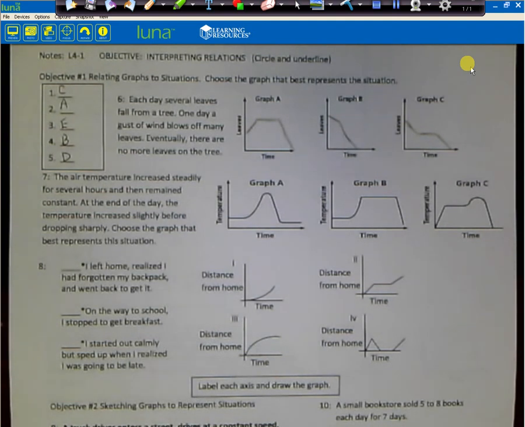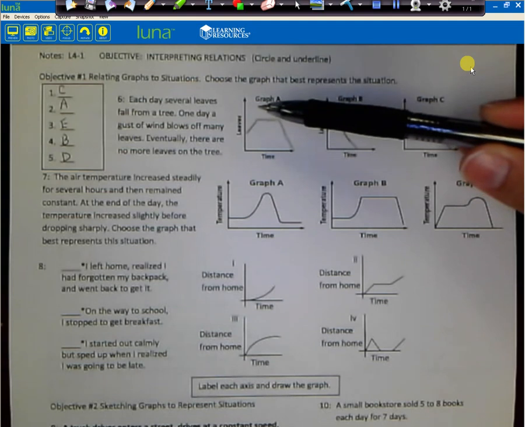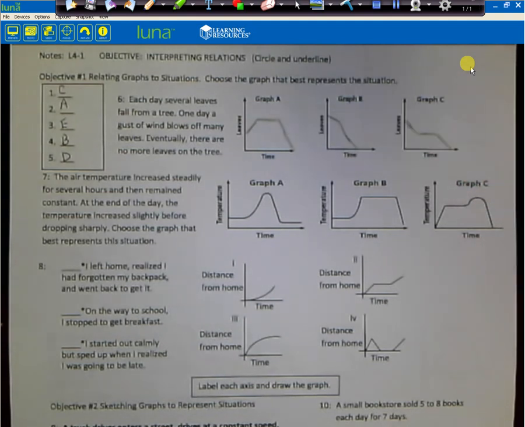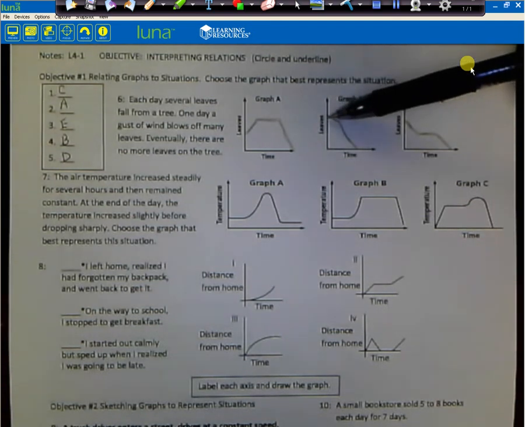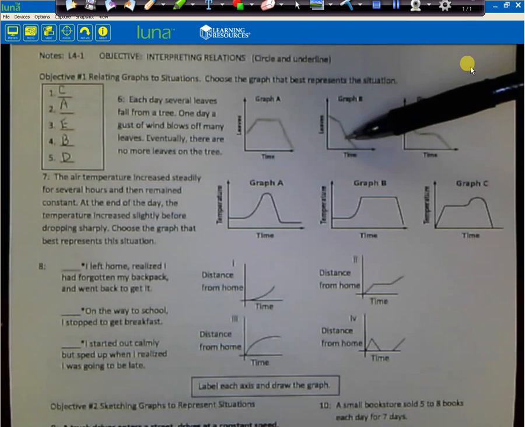Okay. For this one, it says each day several leaves fall from the tree. So the number of leaves on the tree is going to start out high. On graph A, it's saying that the number of leaves increase. Nowhere in the paragraph did it talk about the number of leaves increasing, so it is not A, so it's got to be B or C. Then it says for B that the number of leaves went down, and then it went down even more.